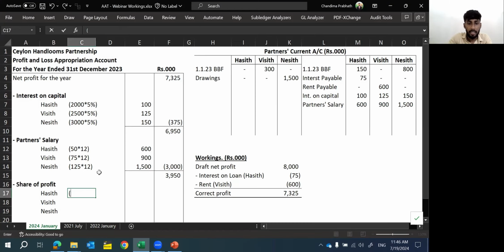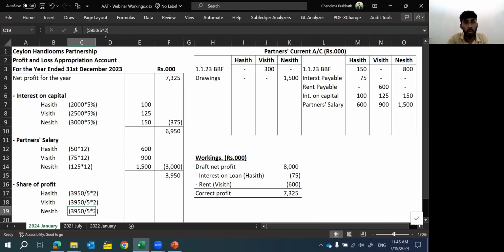Here 3950, the total amount. No? The total amount needs to be distributed. So 2 to 1 is the ratio. So 2 to 1 is the total 5. So divided by 5 multiplied by 2 for Visit. Then the same for Hasit and Visit both. Why 2, 2.